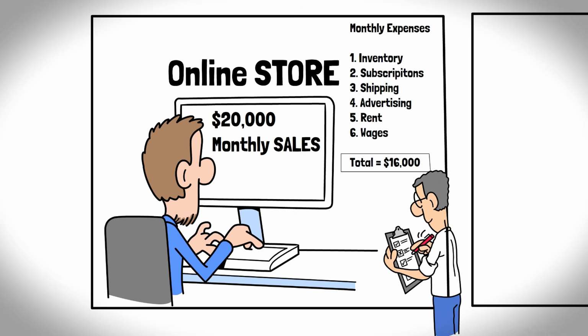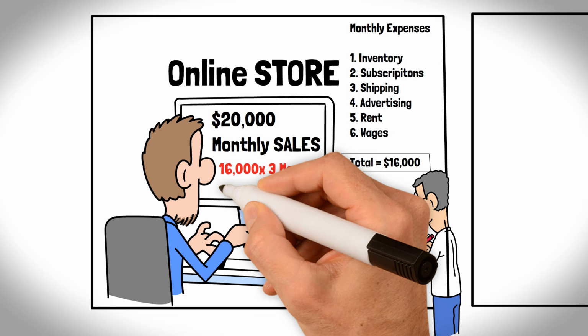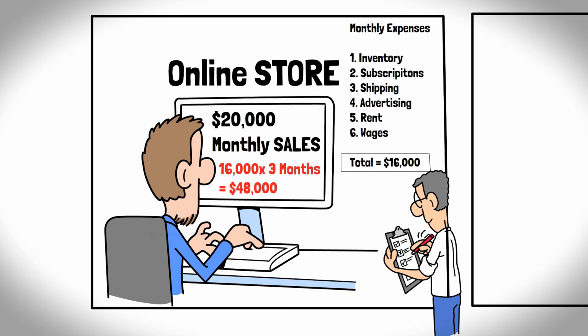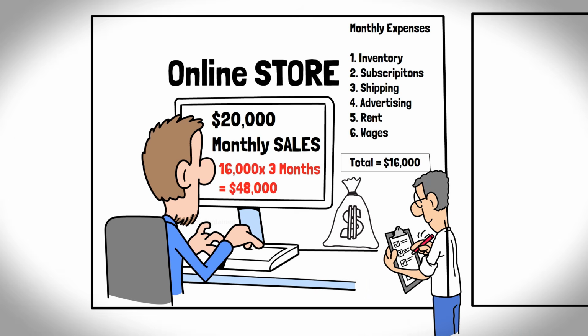This means the business needs $16,000 every month just to operate normally. If the owner decides to maintain a reserve equal to 3 months of operating expenses, the target reserve would be $48,000. Instead of trying to save the entire amount immediately, the owner could transfer a percentage of profit into a separate reserve account every month.